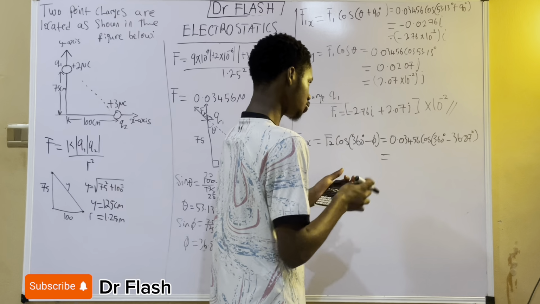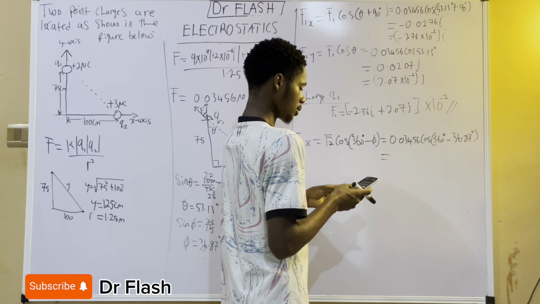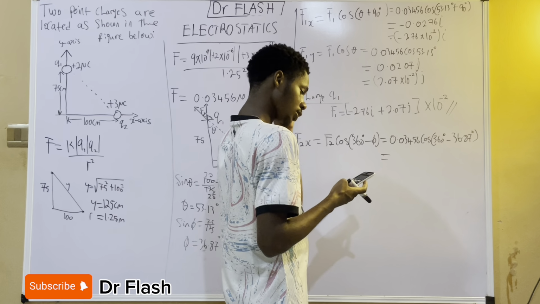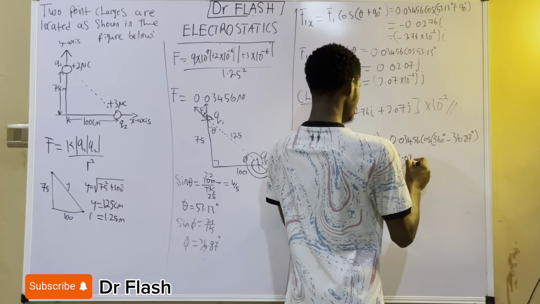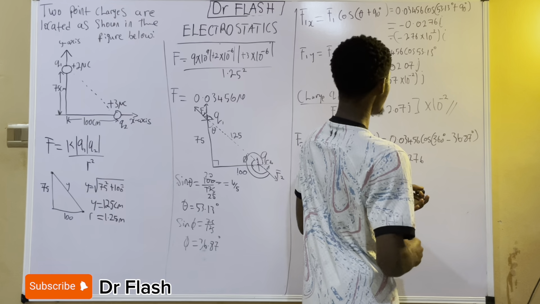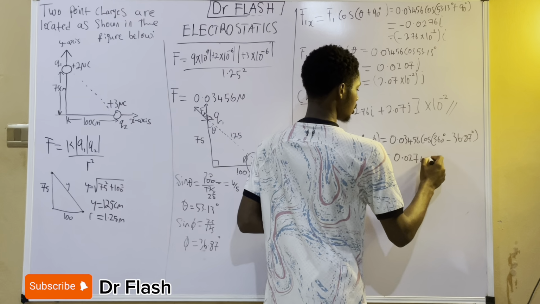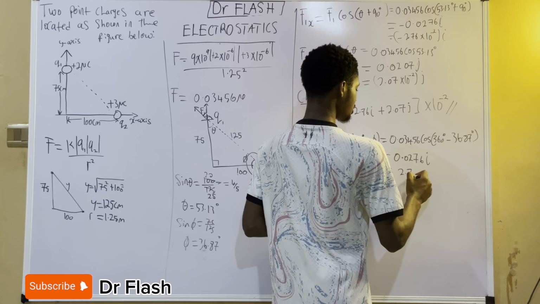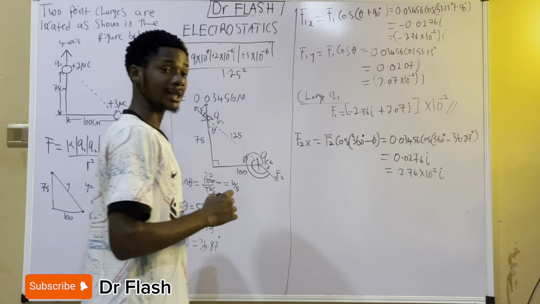When you do that on your calculator, you should get a value of 0.03456 cosine of 360 minus 36.87 degrees, which gives 0.0276. Now this one is for the x-axis, so I'm going to have i attached to it. We can simply write it as 2.76 times 10 to the power of minus 2 i.